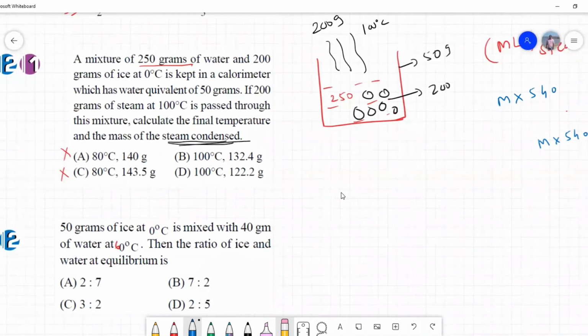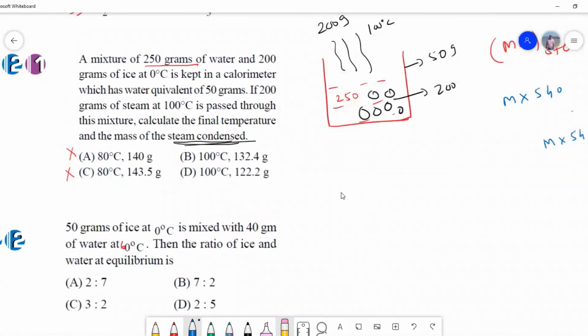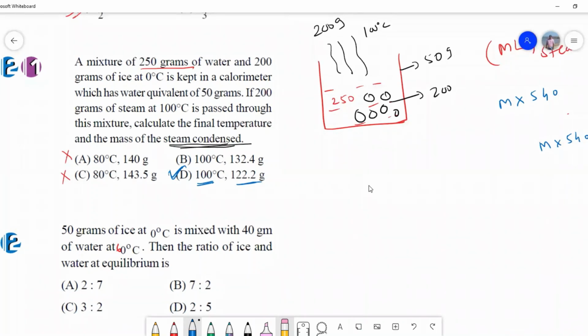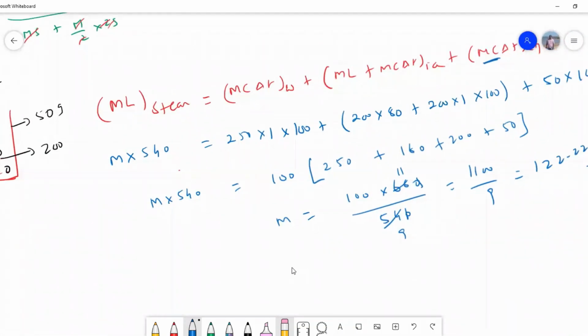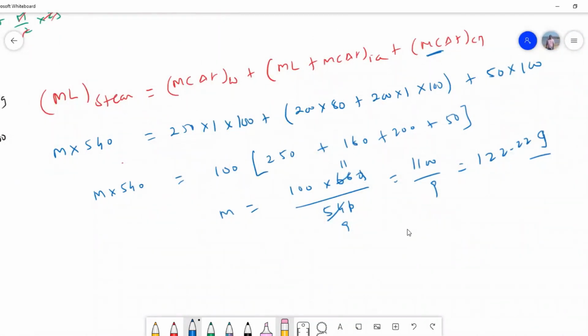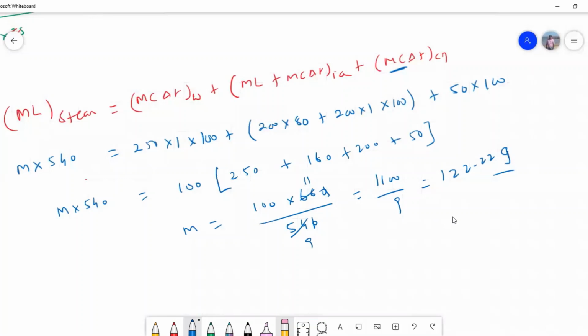See, here this is 122.2 grams. So the right answer is 100 degrees as the temperature and 122.2 grams of steam will be condensing. So a very simple problem again. The heat lost by steam is equal to heat gained by water plus heat gained by ice plus heat gained by calorimeter.